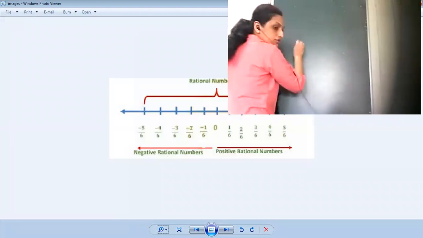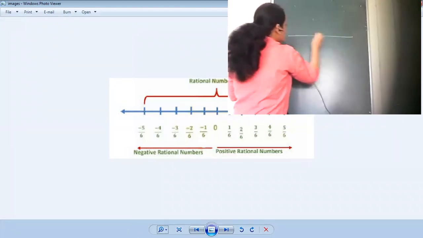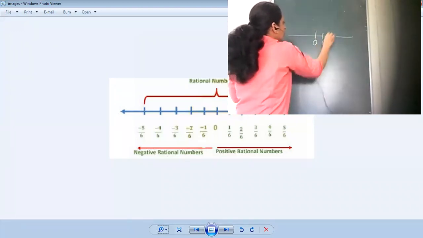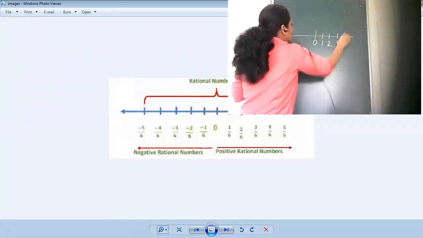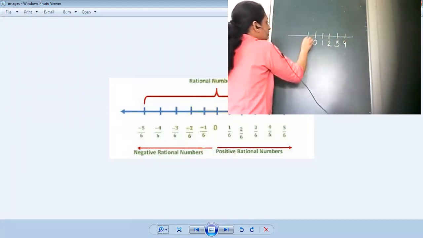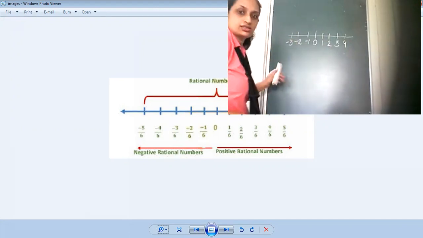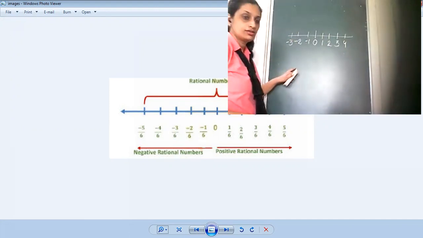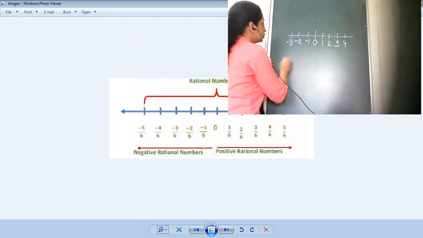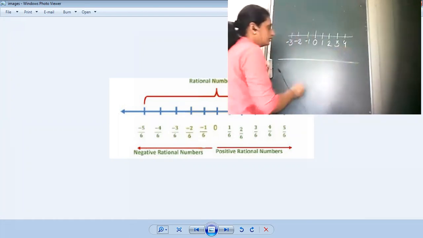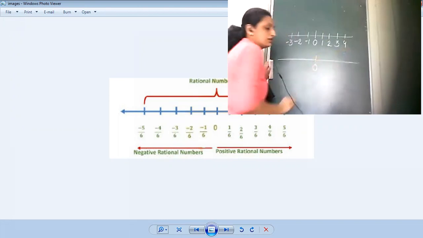Okay, so this is the integers number line like that: 0, 1, 2, 3, 4, minus 1, minus 2, minus 3, like that. But in the rational number line, 0 should be in between.